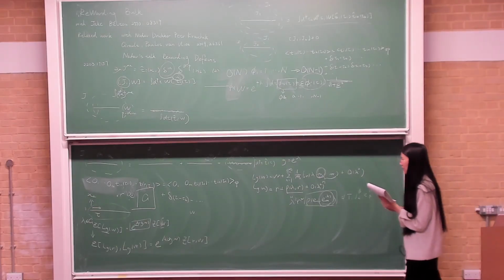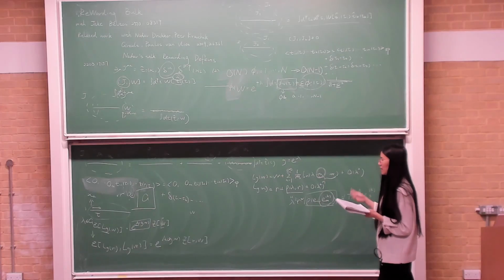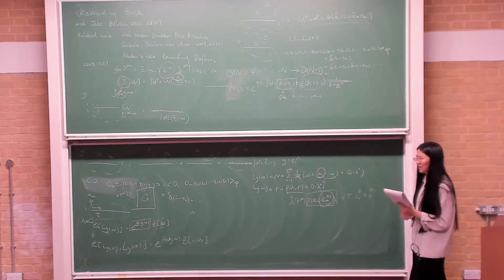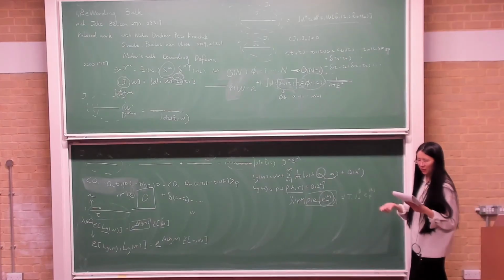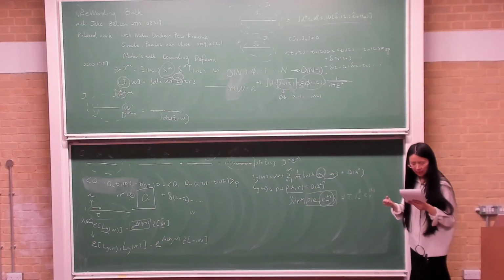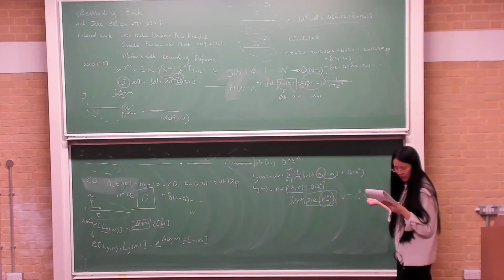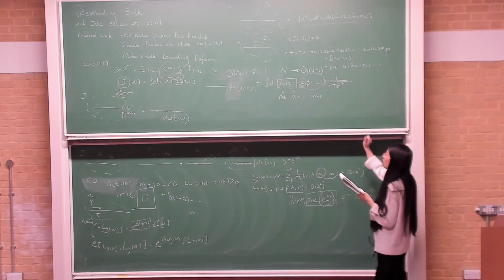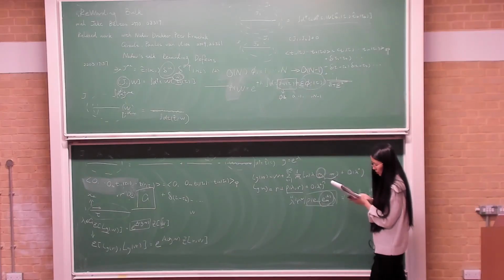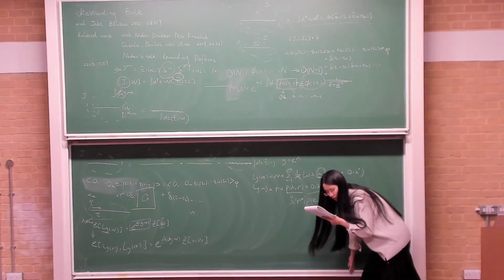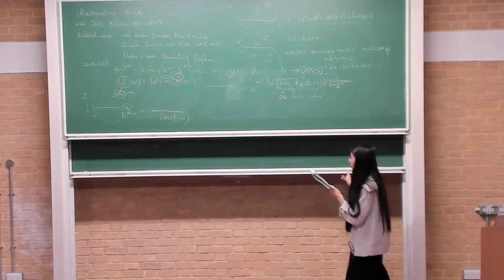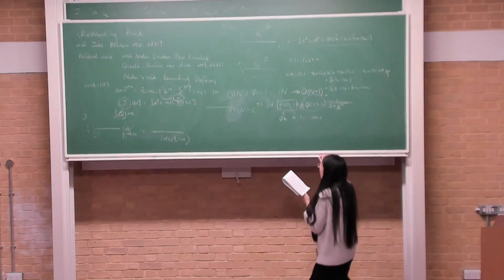The reason is that if you increase the number of bulk operators, the system will become more and more complicated very fast. But the idea just applies normally for any number of bulk operators and defect operators.